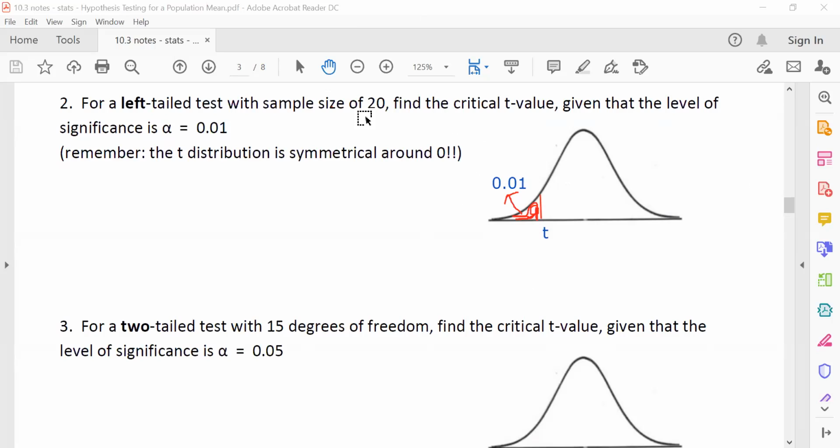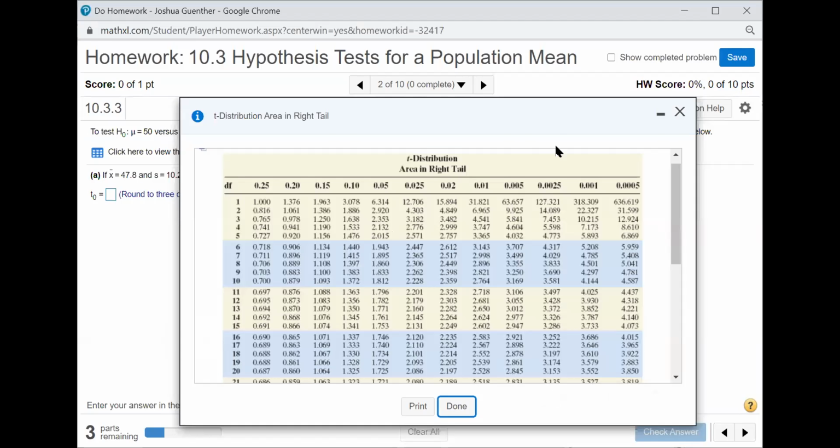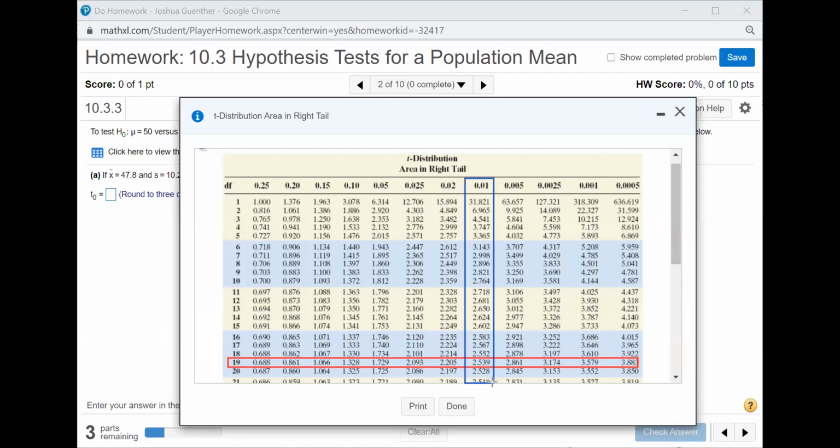We're going to have a sample size of 20. So the degrees of freedom, which is n minus 1, is 19 degrees of freedom. So back to the chart, we're looking at 19 degrees of freedom against an area in the tail of 0.01.